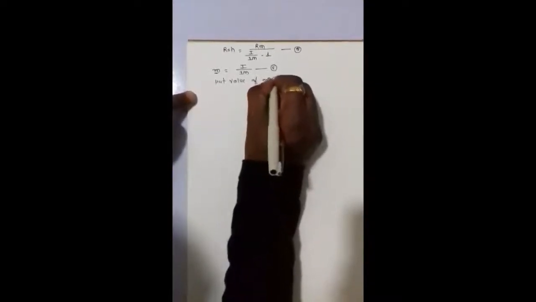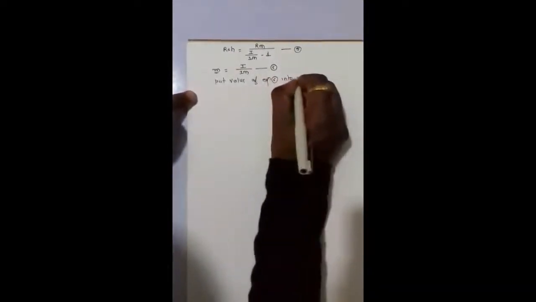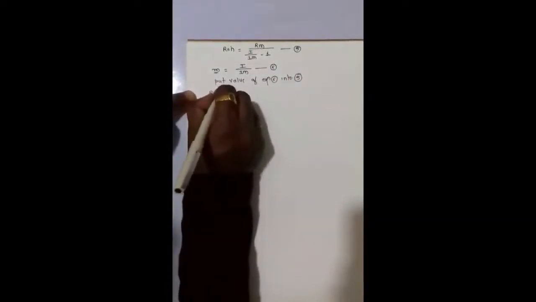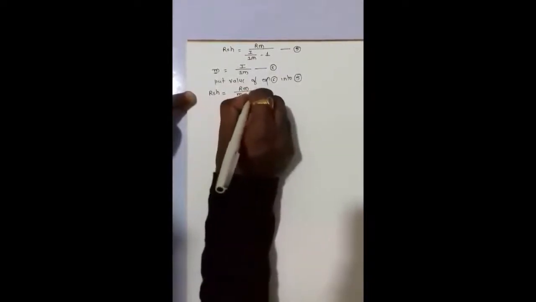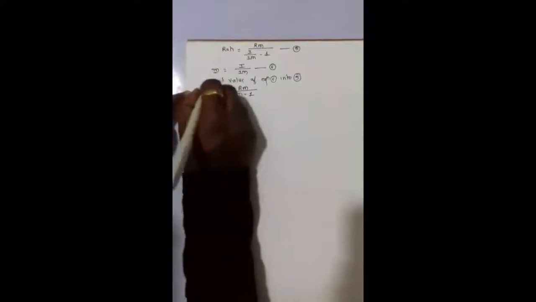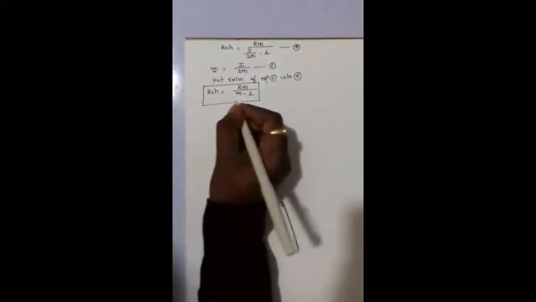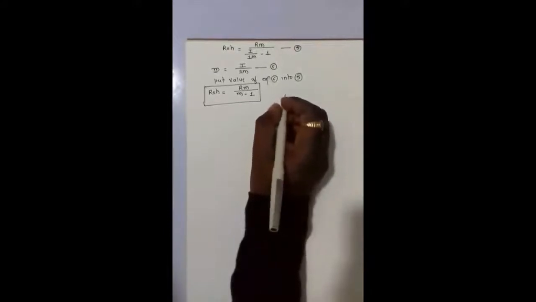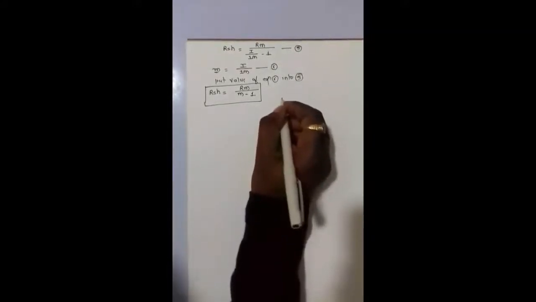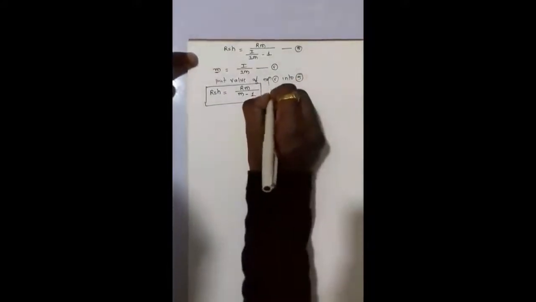So shunt resistance is equal to Rm divided by M minus 1. This is the equation for the shunt resistor.